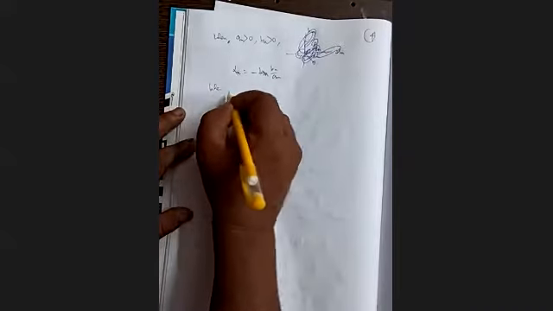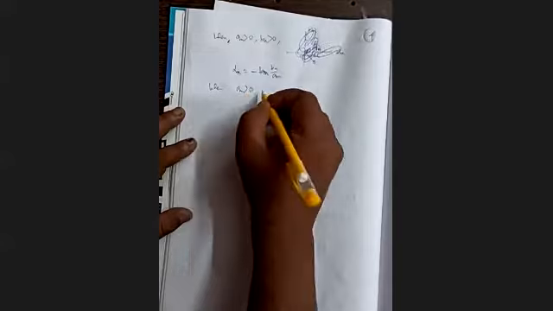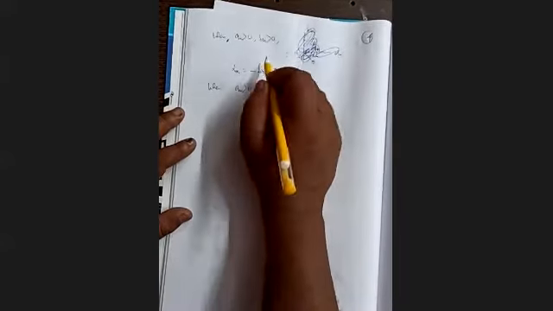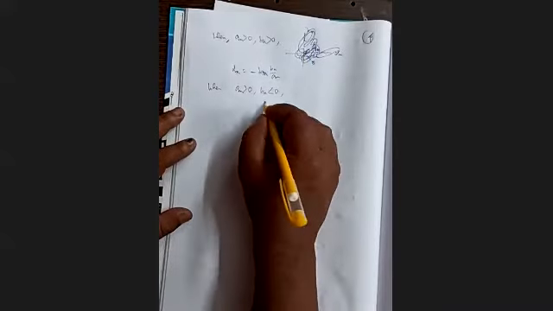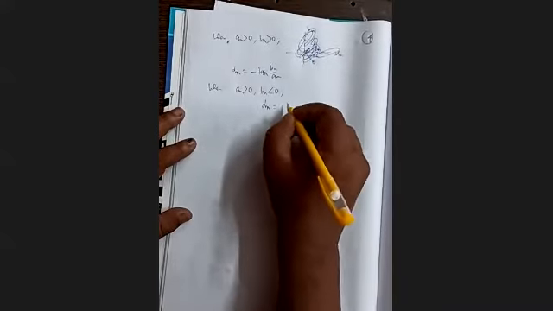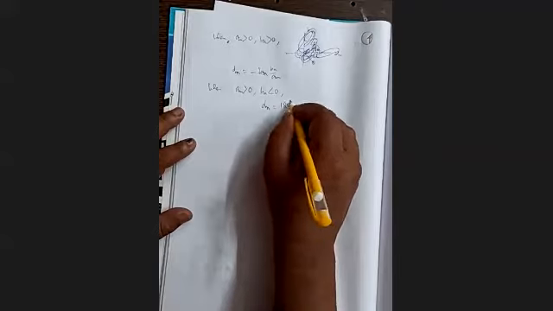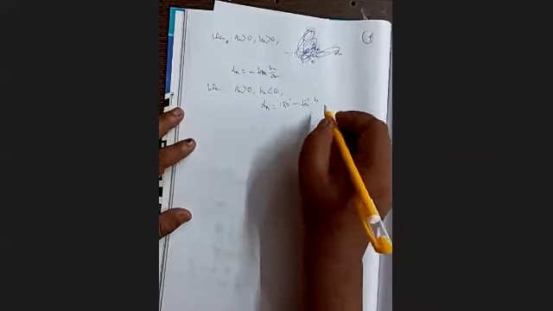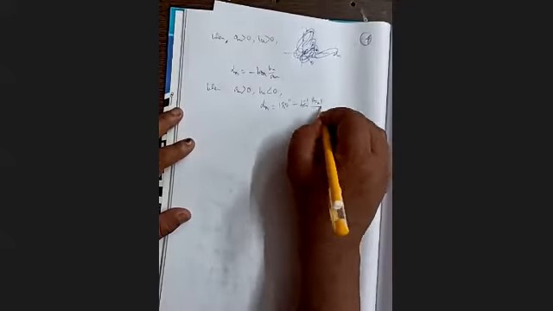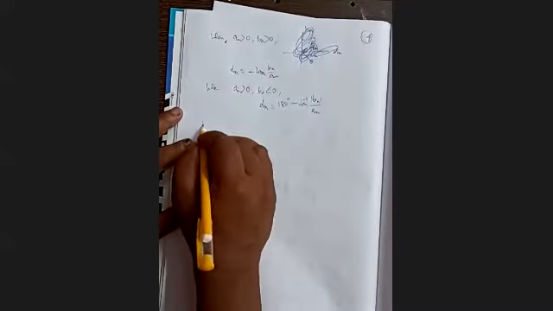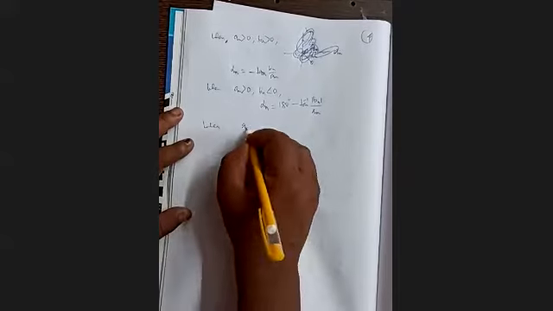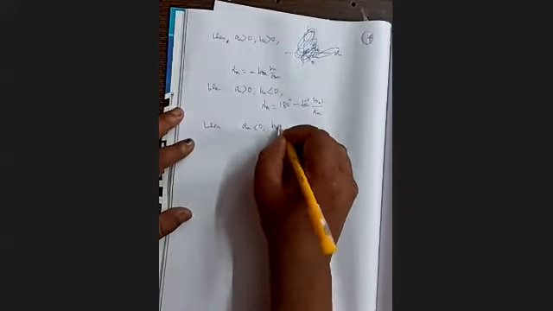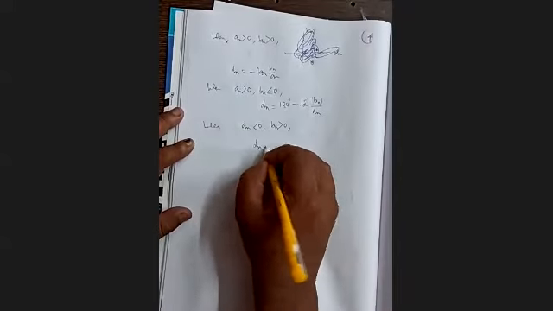So when an is positive and bn is negative, what happens? It will be the second quadrant. So alpha n equals 180 degrees minus tan inverse of mod of bn by an. When an is negative and bn is positive, our alpha n will be what?